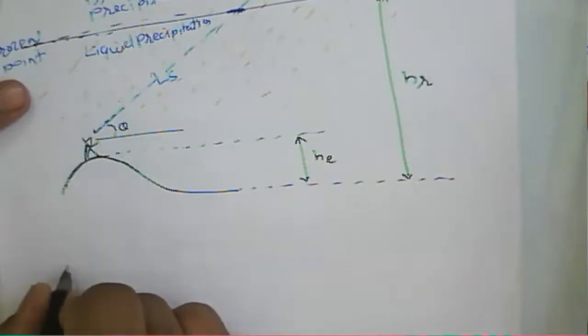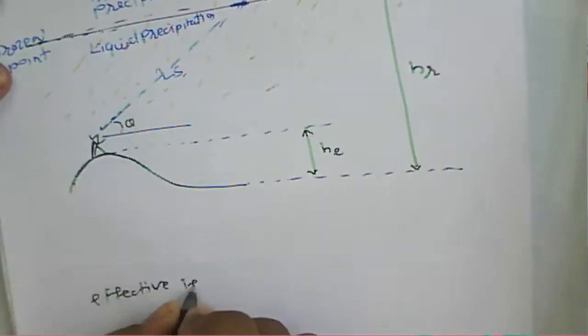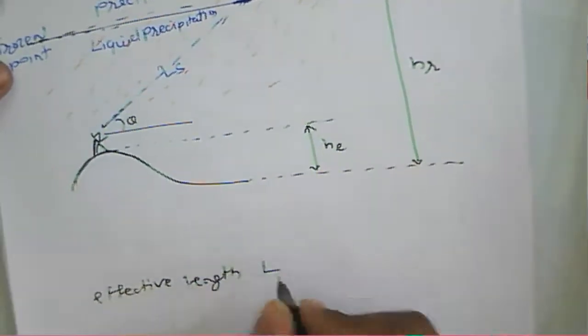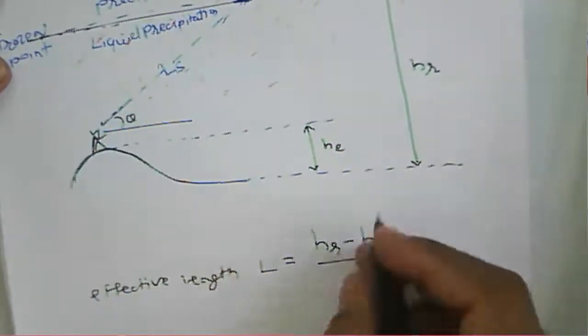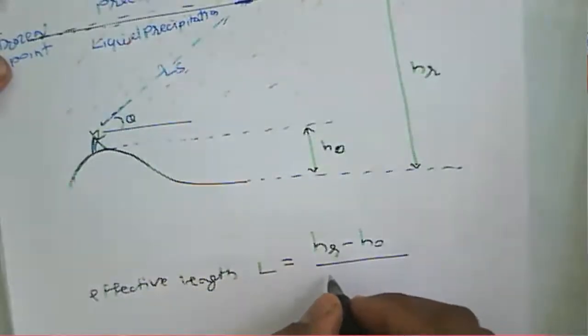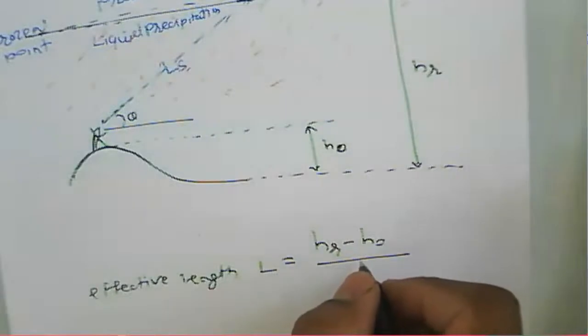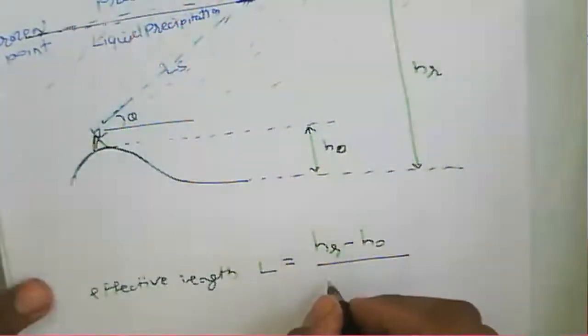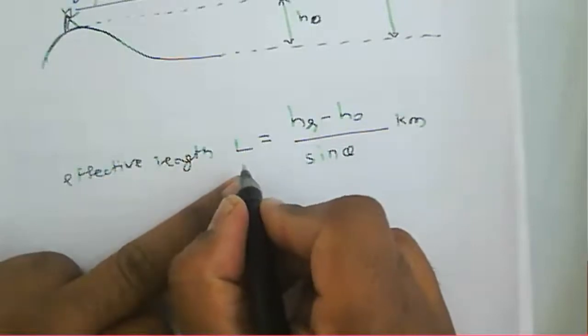So we can calculate the effective length L, which is equal to HR minus H0 by sine of theta, in kilometers. That is the effective length.